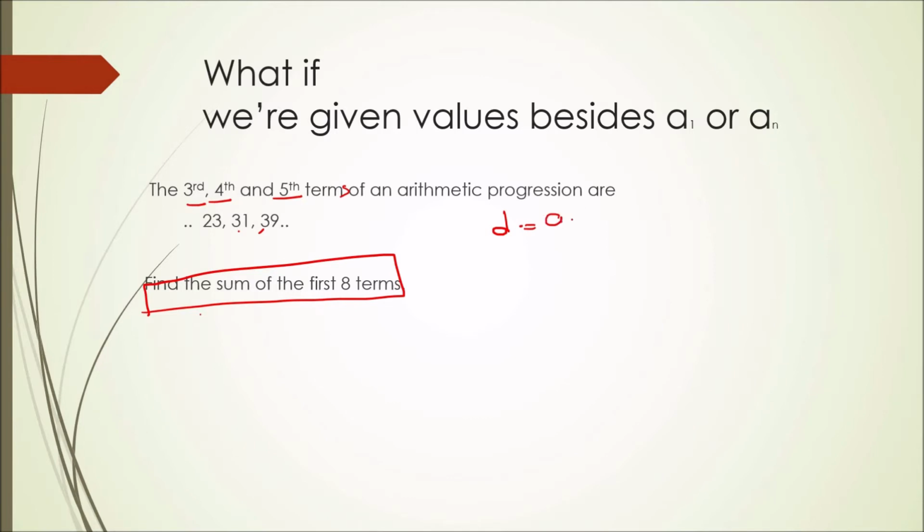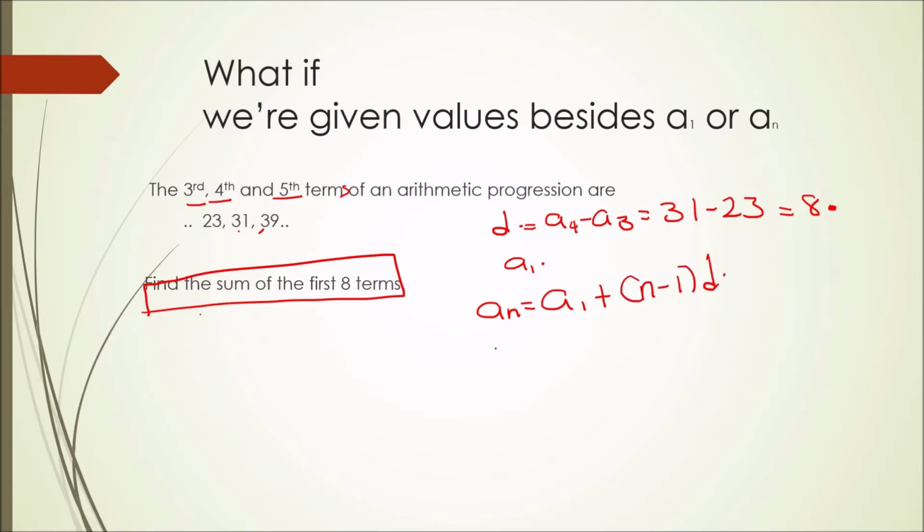D is simply A4 minus A3, 31 minus 23. That will give me 8. So that's the first thing I have to find. My D is 8. So how do I find A1? Now remember the formula An equals A1 plus n minus 1 D. So we already have A3, which is 23.